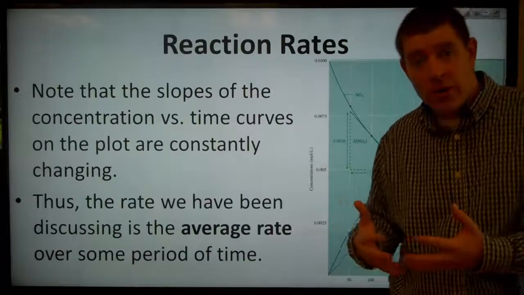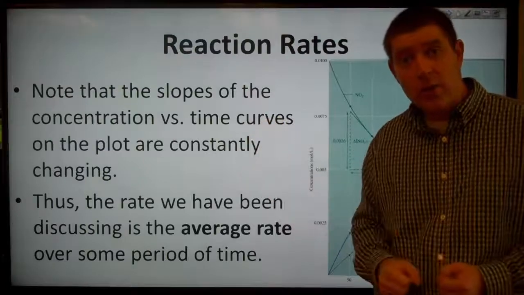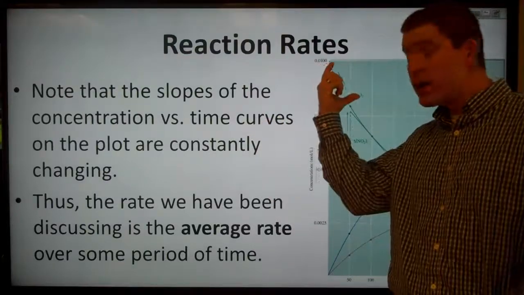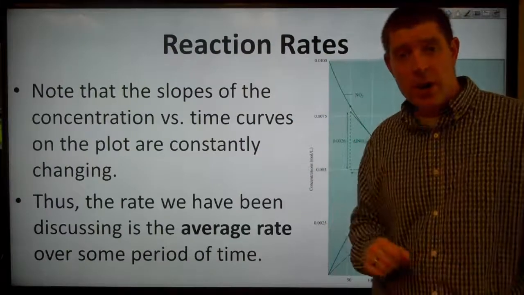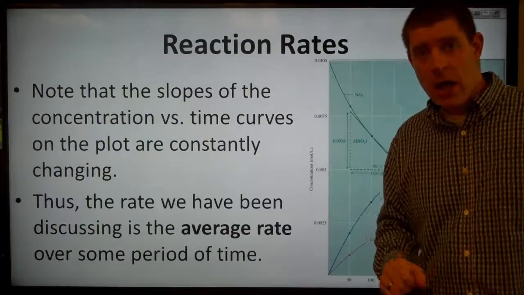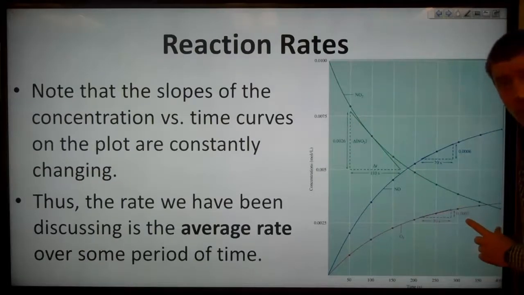In order for our reaction to proceed, we need 2 NO2 molecules to collide with one another. The higher the concentration of NO2, the higher the rate should be, because the faster NO2 molecules will be colliding with one another. Later on, when the concentration becomes lower, the rate at which those NO2 molecules are hitting each other becomes lower, so we expect the rate to be less later on.